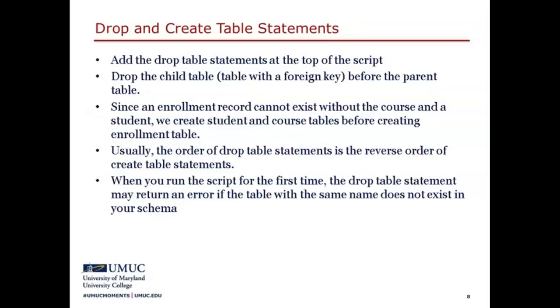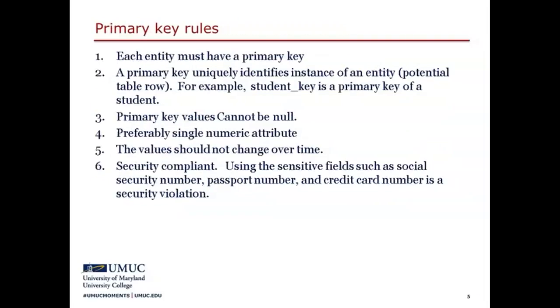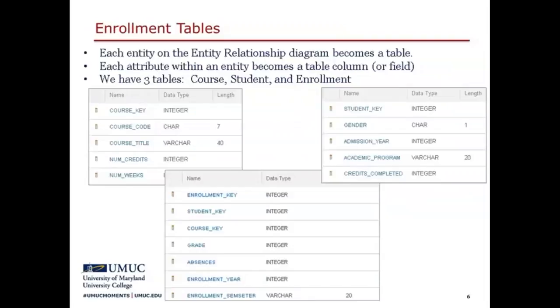Here I'm going over it again, the order of create table statements, and it's going to make sense when we look at the script. We're going to put the drop table statements at the top. The order of the drop table statements matters because if you look at the diagram, here are my relationships.